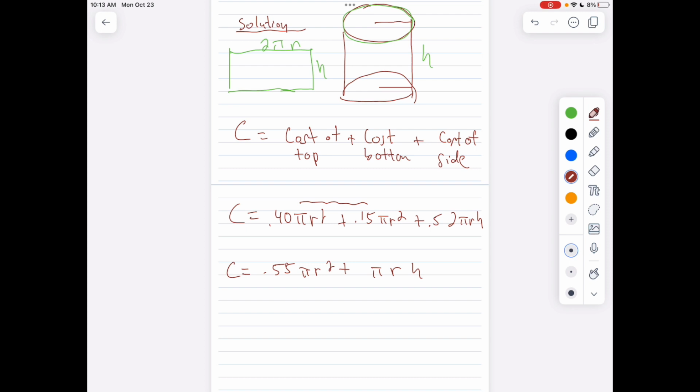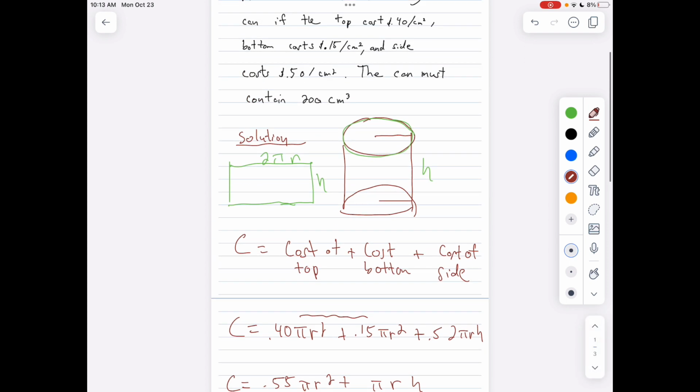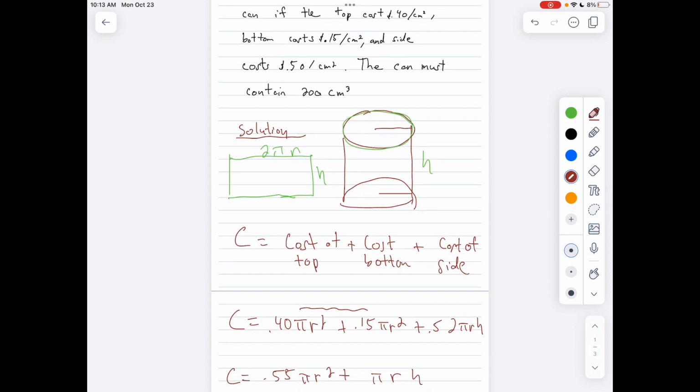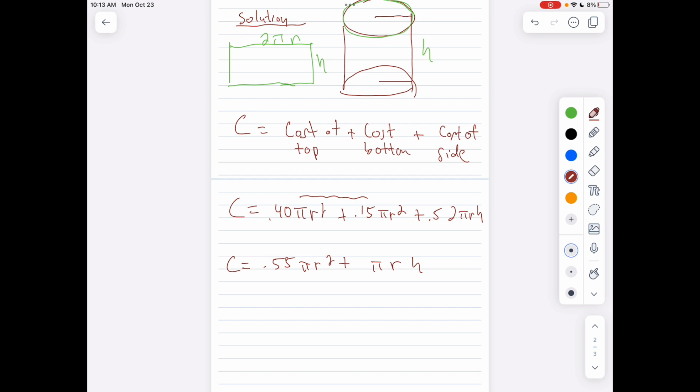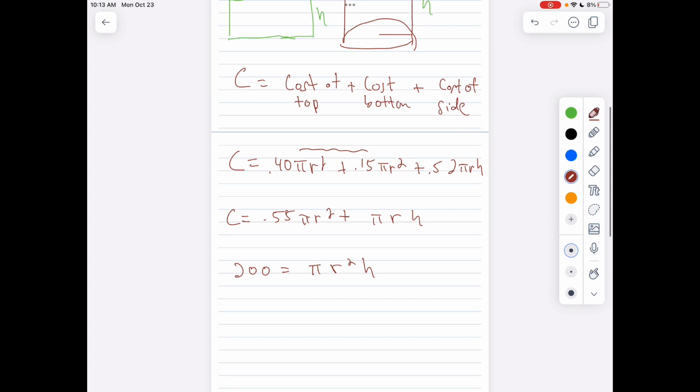So that's where what we call the constraint comes in. You have a constraint which says that the can must contain 200 centimeters cubed. A constraint basically, as the word implies, is a restriction on the variables. So 200 would have to be equal to the volume, which is pi r squared h. I can solve for either r or h, but h is a lot easier to solve for.